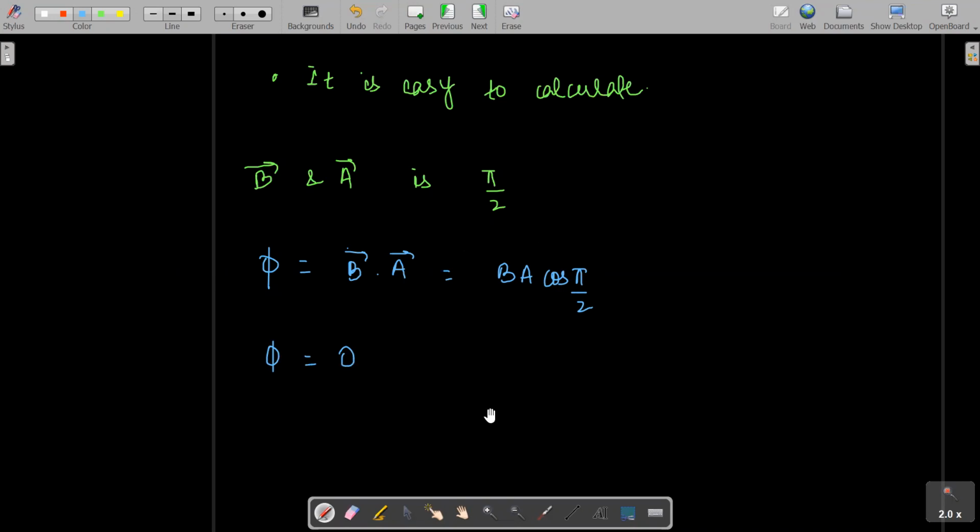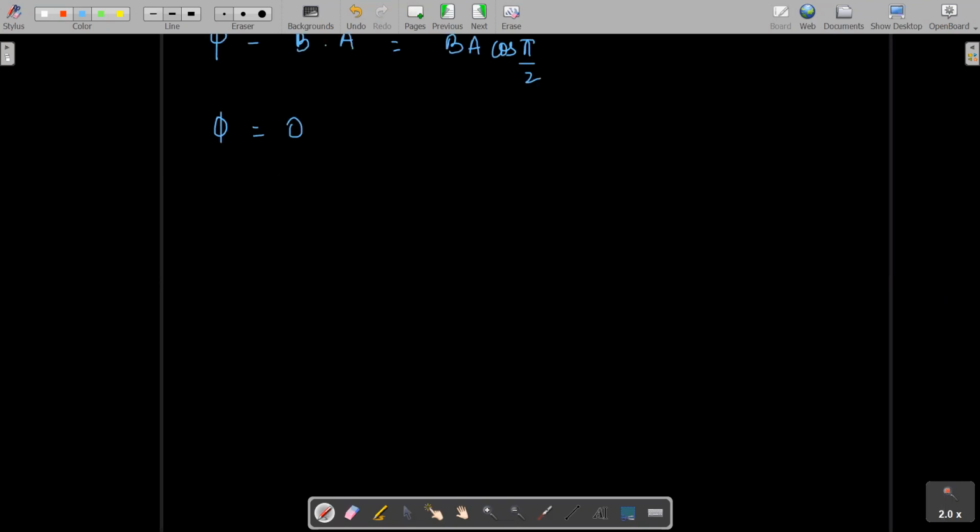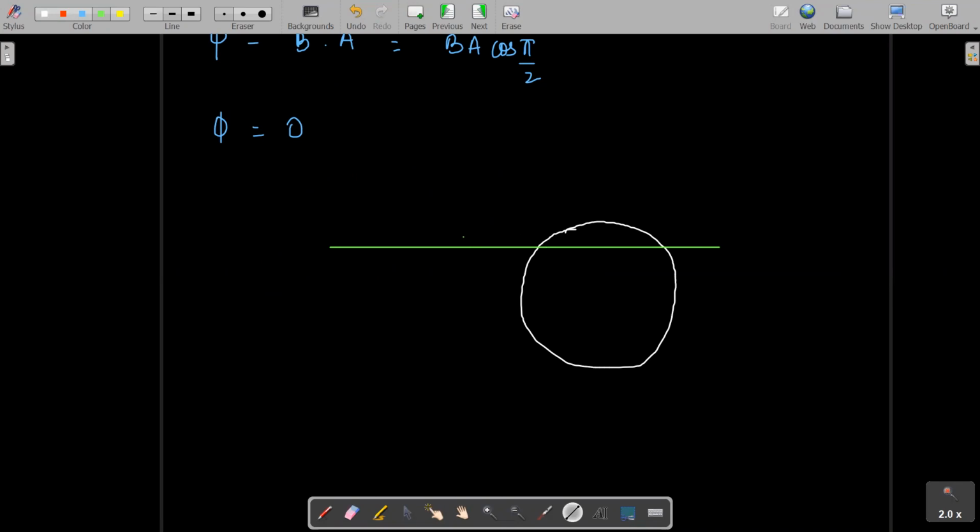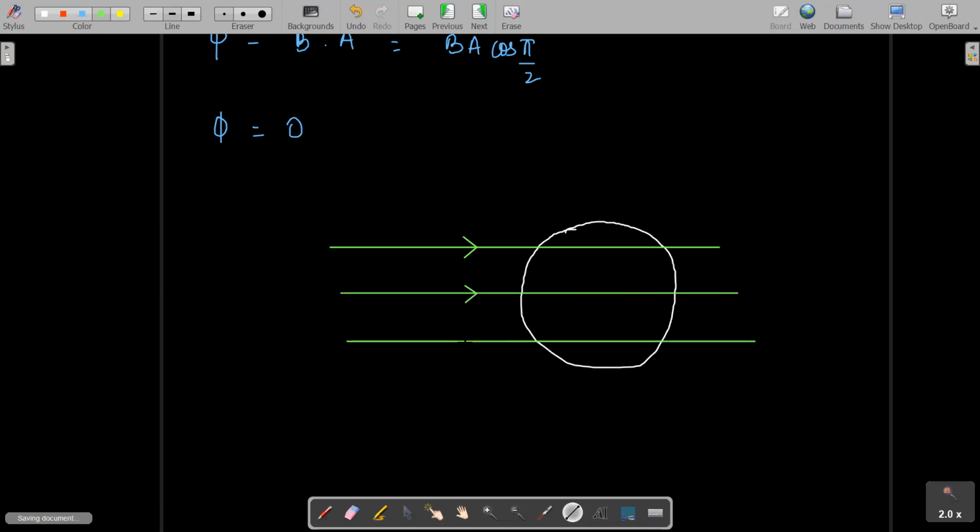For an example, let us see here. I am saying that this is some area, and the magnetic field is in this direction, a uniform magnetic field, crossing this area in the same way I have made this figure.